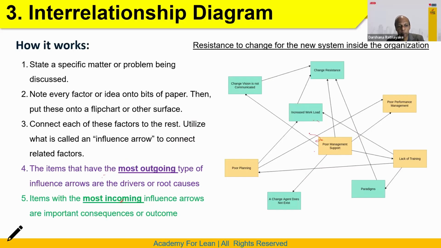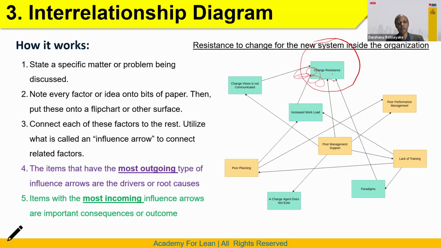Incoming arrows represent an important consequence, an outcome. Which one has the most incoming arrows? Change resistance, no? Okay, change resistance has more incoming. That means if we do this one, this is where problems can happen.